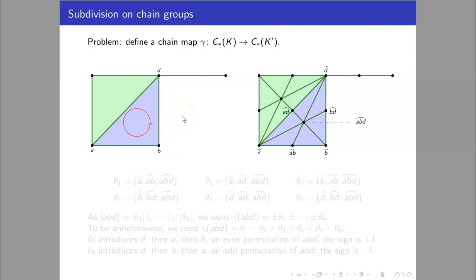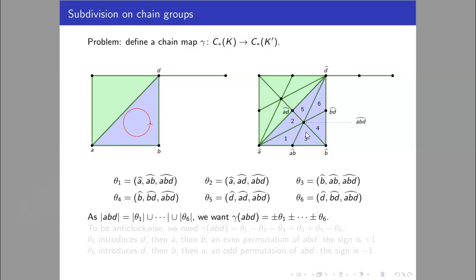And so we want to have a chain map gamma from C star K to C star K prime. So that's got to send this generator ABD to some 2 chain over here. And it's clear which 2 chain we want. We just want to take all the triangles that cover the same space as ABD does. There are 6 of those triangles.